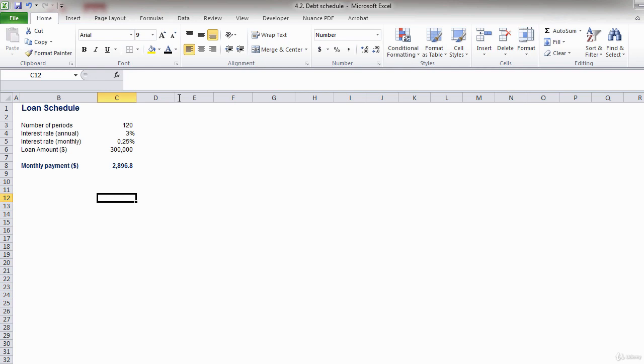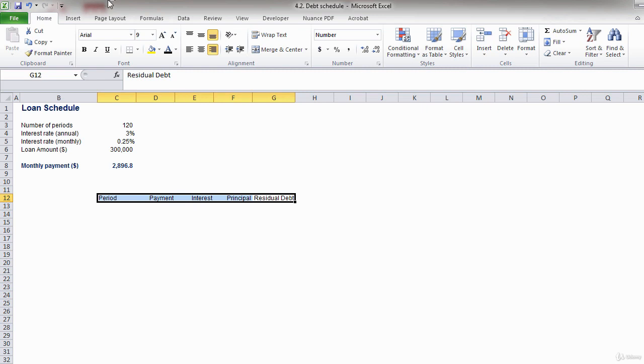Let's go a step further and disaggregate what portion of each payment is interest, principal, and how much is the remaining debt. Let's create 5 columns. Period, payment, interest, principal, and finally, residual debt.